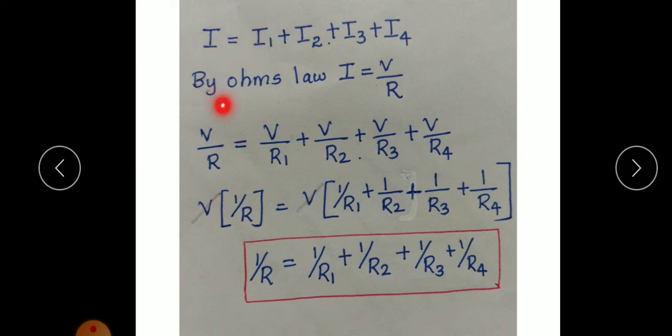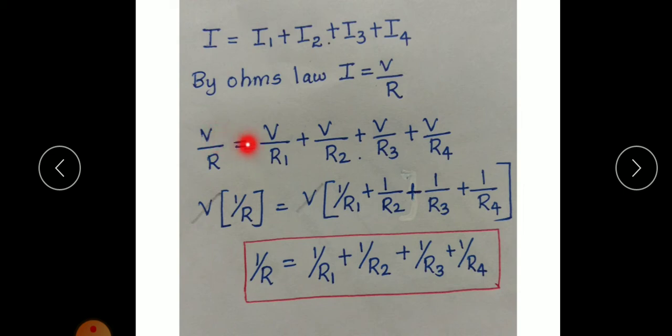We know Ohm's law: I is equal to V by R. So instead of writing I, we can write I is equal to V by R, so that we will get one equation. Here I is written as V by R, I1 is written as V by R1, I2 is written as V by R2, I3 is written as V by R3 and I4 is written as V by R4.